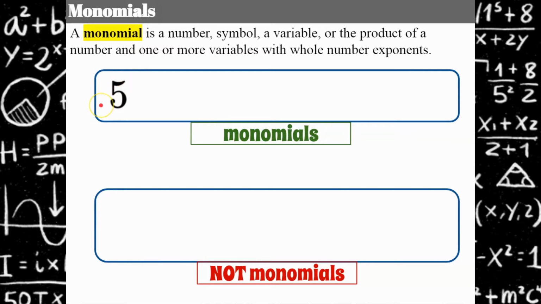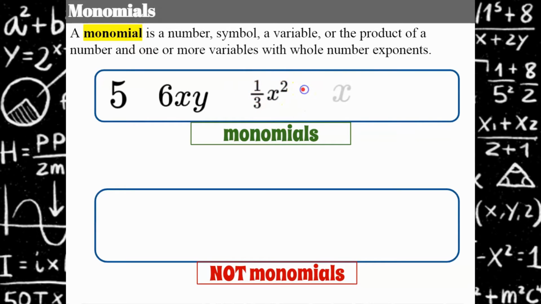The number 5 is a monomial, so it's a single term. 6xy is a term. It's a product of 6 times x times y. It's numbers and variables. That is a monomial. 1/3 times x squared still has a whole number exponent. This is a monomial.